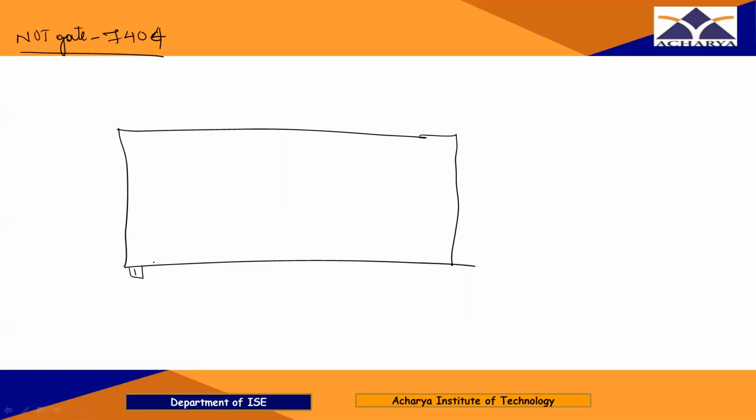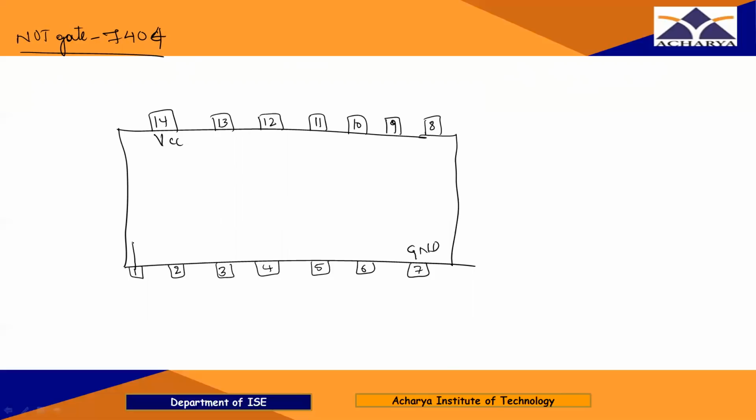So here it is 1, 2, 3, 4, 5, 6, 7, 8, 9, 10, 11, 12, 13 and 14, right? So always 7 is ground and pin number 14 is VCC.